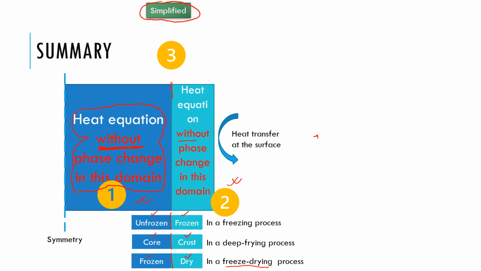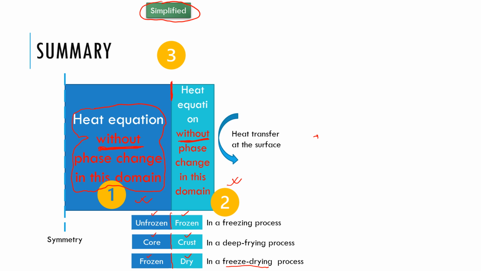In both regions, we do the heat equation without phase change with its normal physics. Whatever we were using if there were no phase change, we will use that physics, and so it's just that we need to know where this interface is.